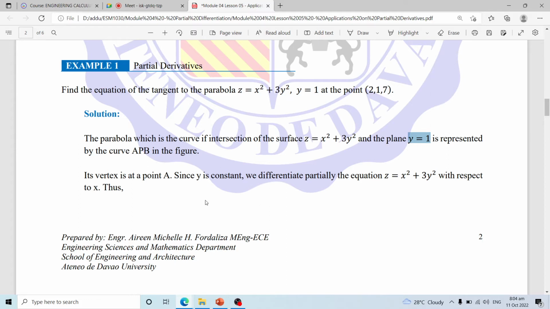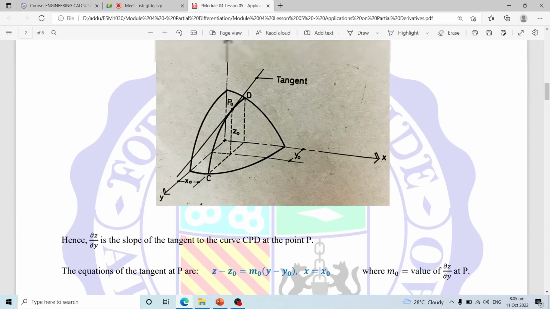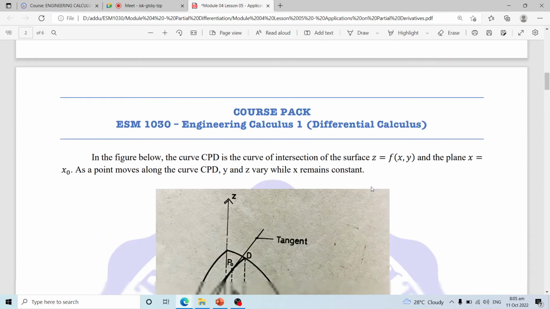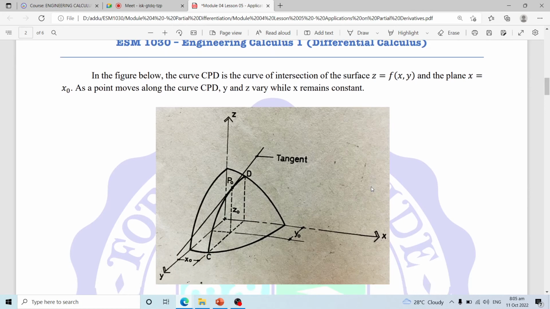So, if they give a number for, let's say, x or y, given x or y, you define that as the constant. You'll know that in actual word problems. Okay, ma'am. Thank you, ma'am.